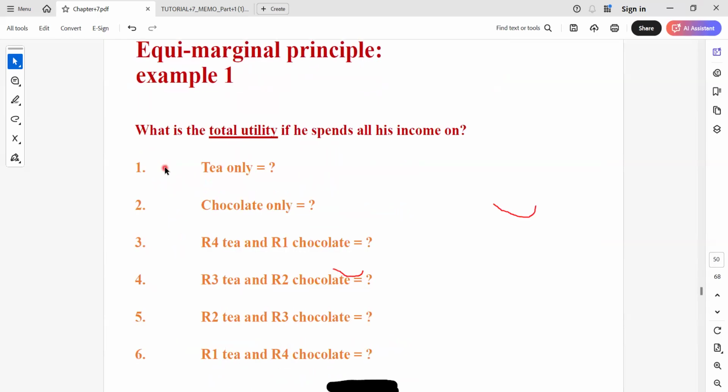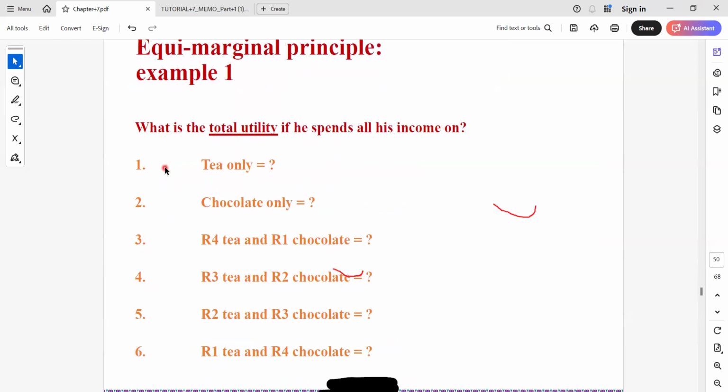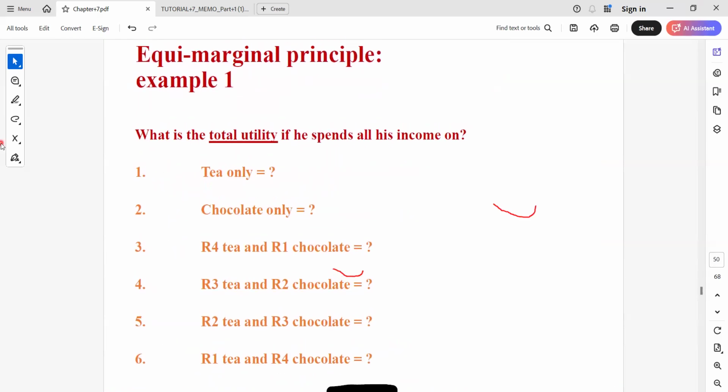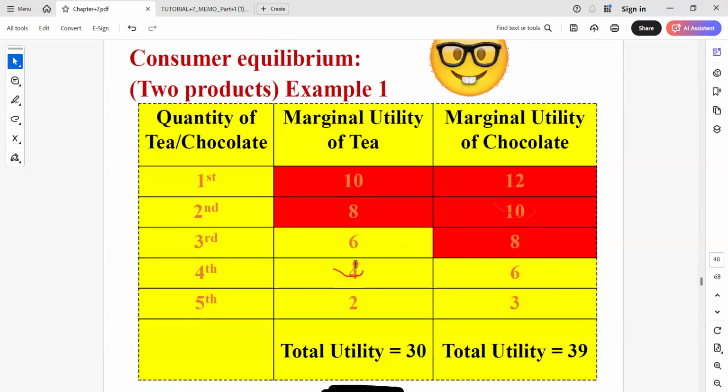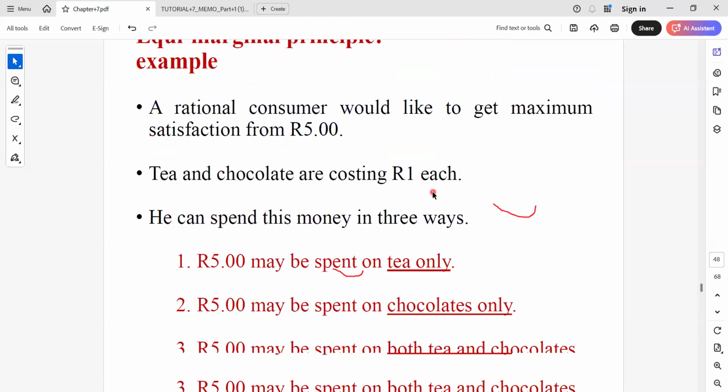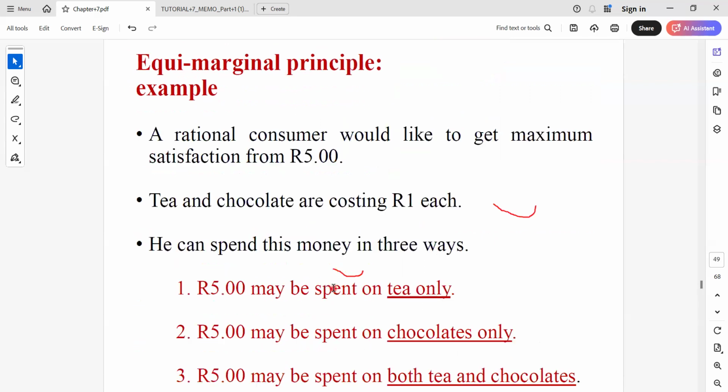Let me see what they got for 4 tea and 1 chocolate. So 4 tea is here, and then 1 chocolate is just 12. So you're going to say 10 plus 8 plus 6 plus 4 plus 12, you get 40. And then 3 tea and 2 chocolates.